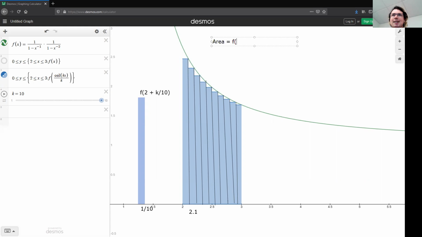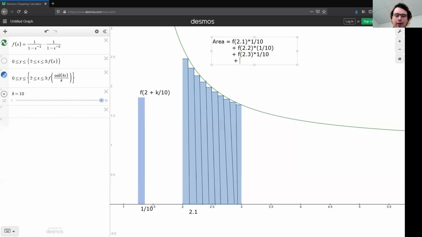The first rectangle has a height equal to the function f, evaluated at 2.1, times 1/10. And then I need to add to that plus f of 2.2 times 1/10. And I need to add to that, right? That's my area for the second rectangle. The third rectangle here is f at 2.3 times 1/10, and so on.